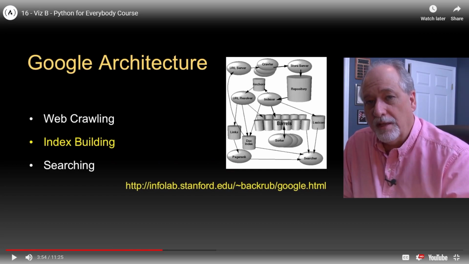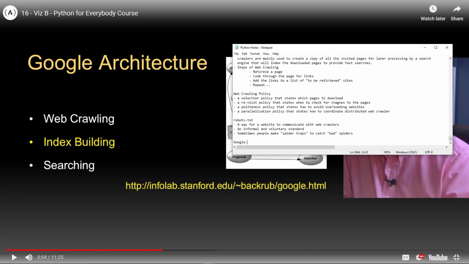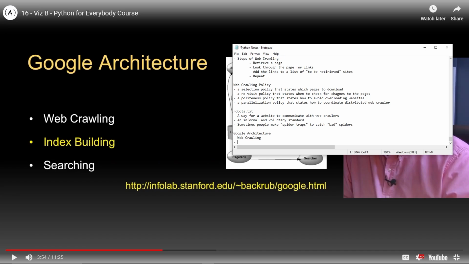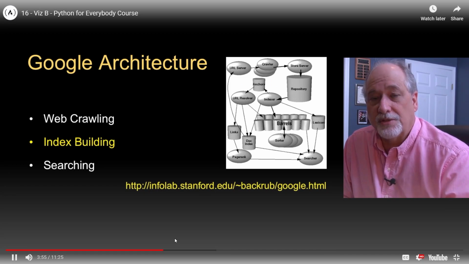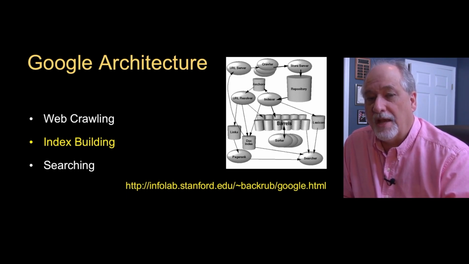All right. Google architecture. Let's type this out. Google architecture. Web crawling. Index building. Searching. Okay. Let's go. The index building uses the PageRank algorithm, and the whole goal of the PageRank algorithm is to figure out which pages have the best links.